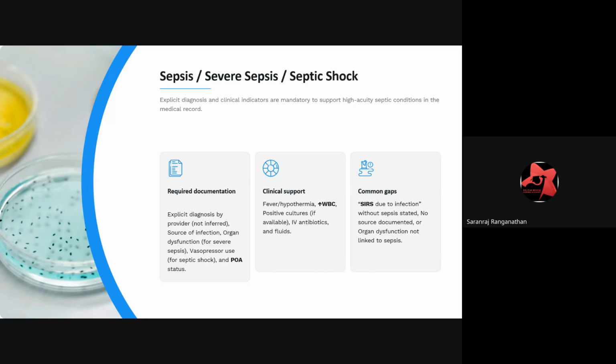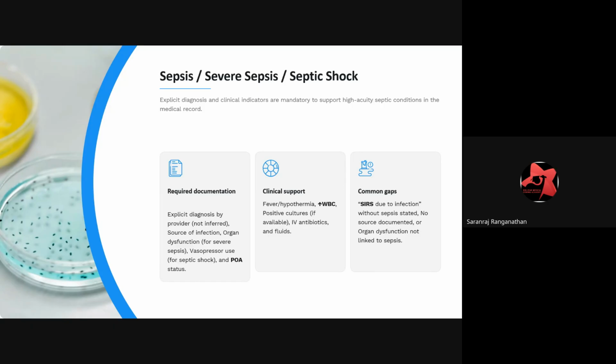So, the required documentation: an explicit diagnosis and clinical indicators are mandatory to support a high acuity, specific septic condition in the medical record. I specifically need supporting documentation to apply POA. See here: the explicit diagnosis by the provider, source of infection, organ dysfunction, vasopressor use, and POA status.